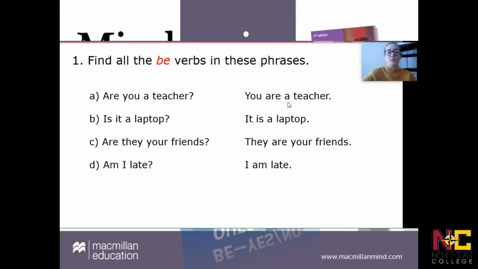So we have the answer. B, is it a laptop? The answer, it is a laptop. C, are they your friends? They are your friends. D, am I late? I am late.